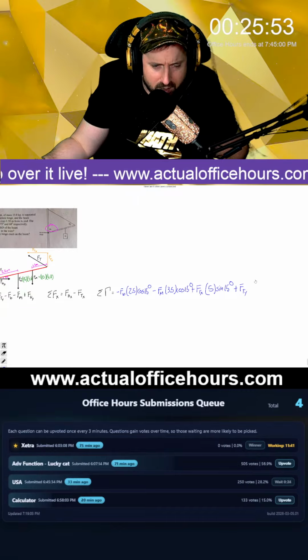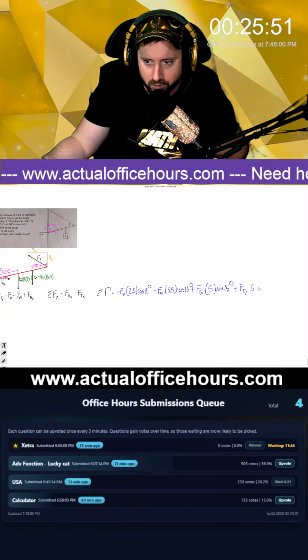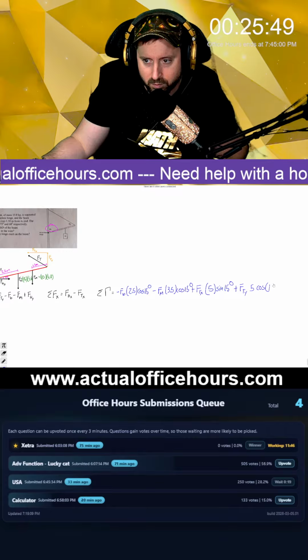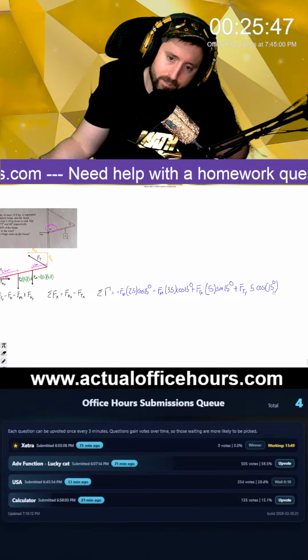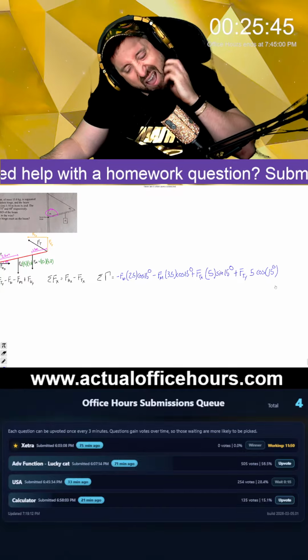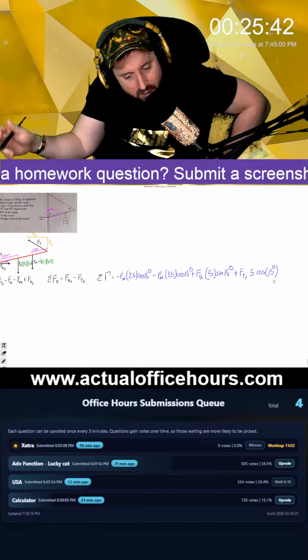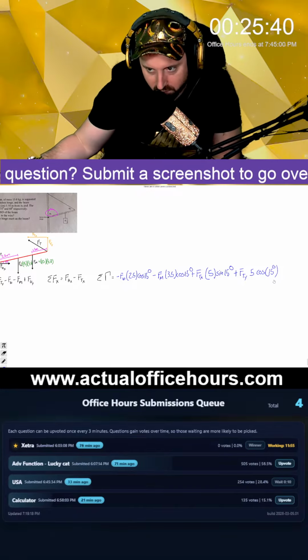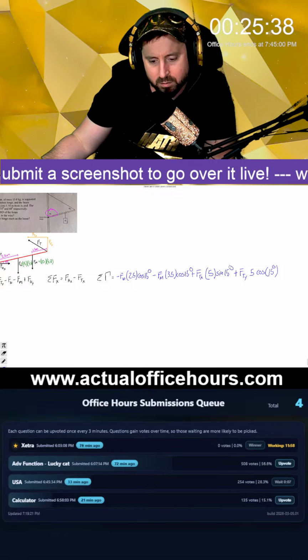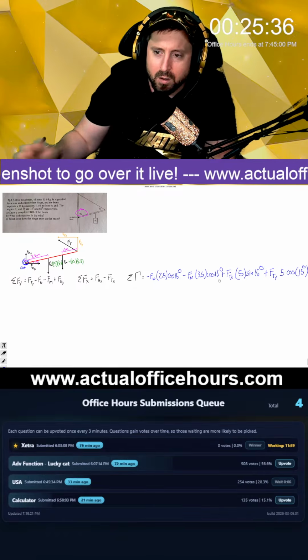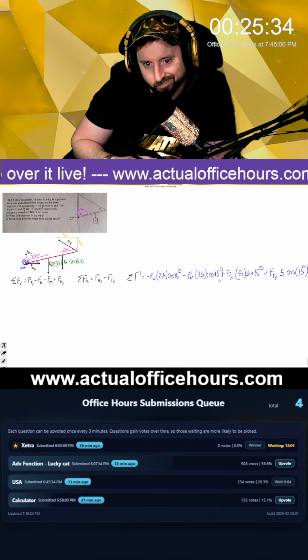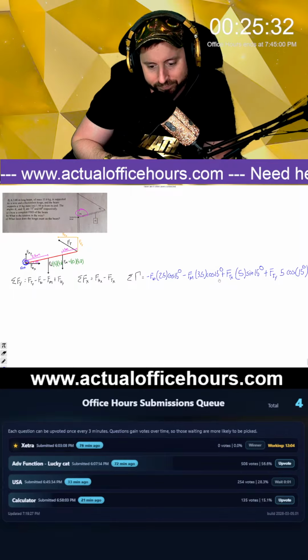And then that would be 5 cosine of 15 degrees. Okay, cool. Three equations, 4 unknowns.